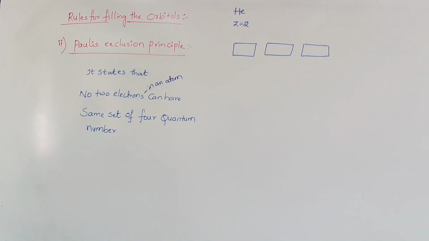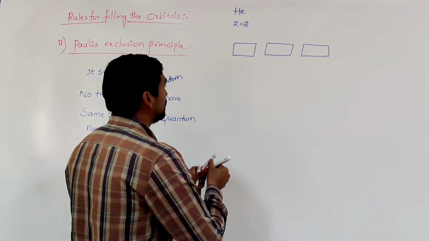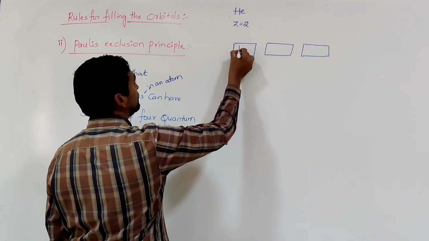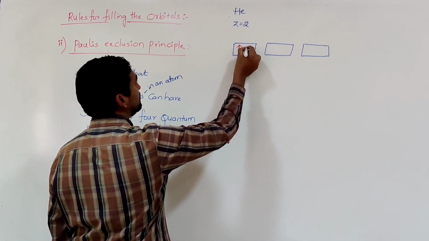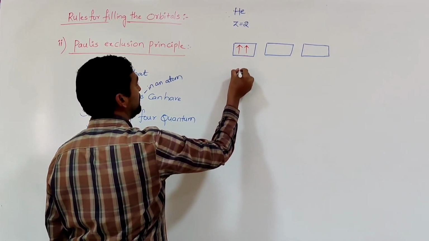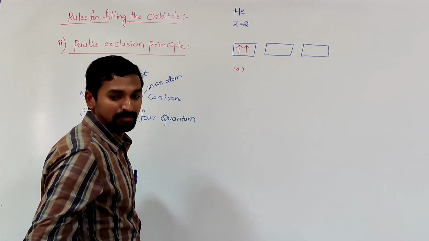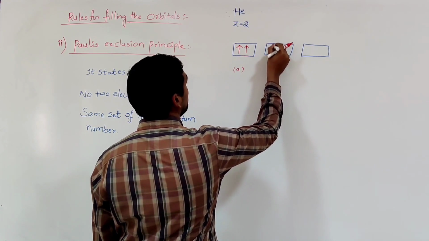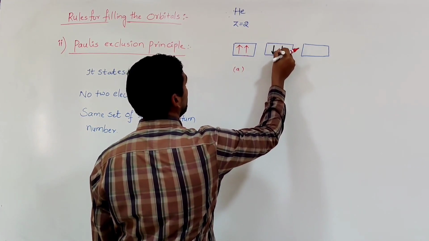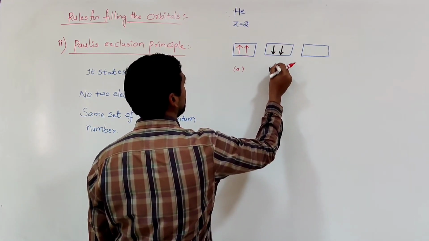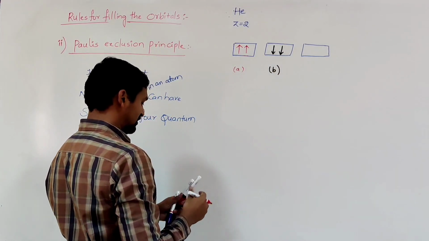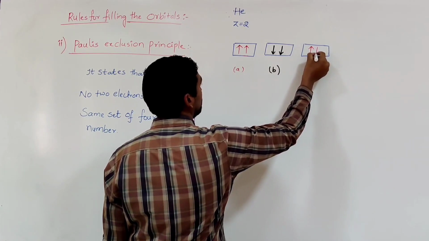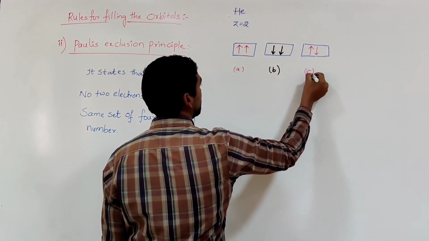So one person can arrange the electrons like this, say I am giving A. Another person can arrange the electrons like this, and a third person can arrange the electrons like this.